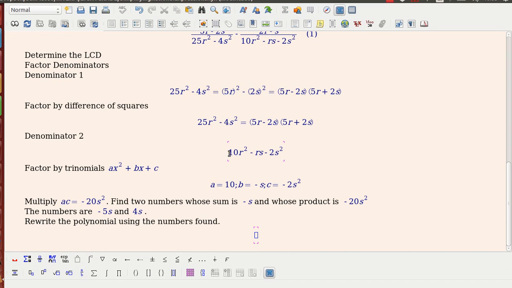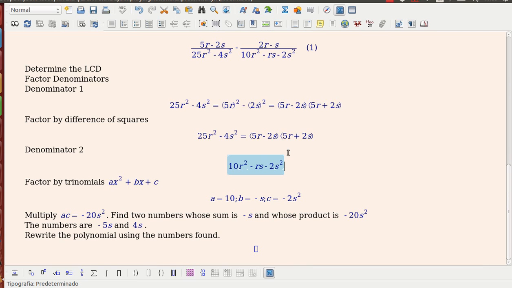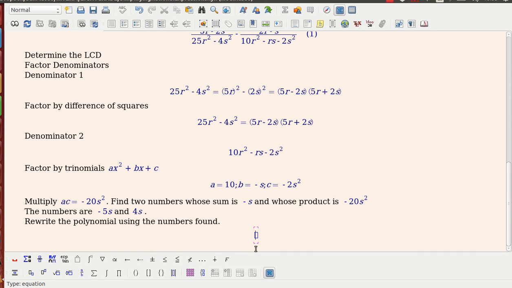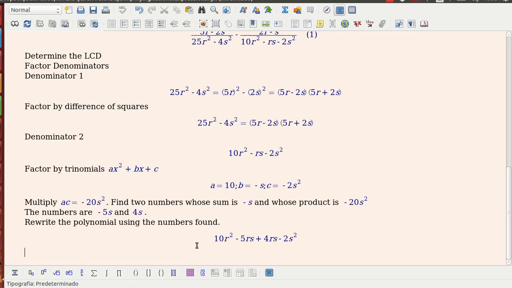We have a trinomial, and we're not going to write minus rs, but we're going to use minus 5rs and 4rs. So 10r squared minus 5rs plus 4rs minus 2s squared. And factor by grouping.